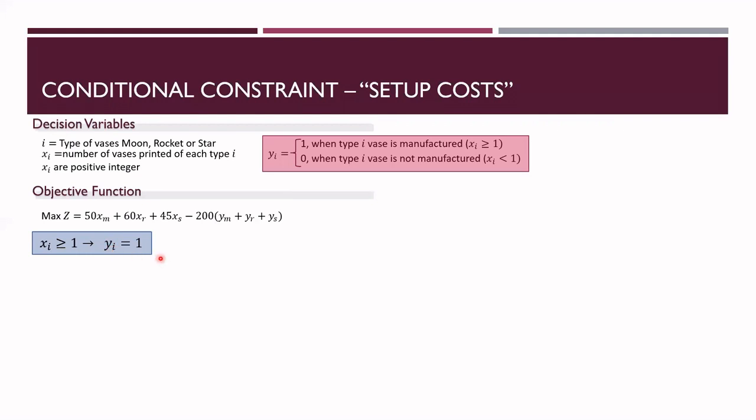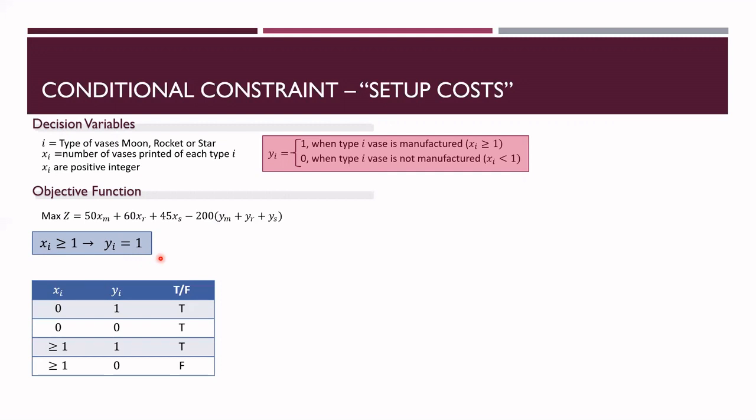And that's what I need. Let's see all the possibilities of xy and yi. The possibilities are xy being 0, or xy being greater or equal than 1, and for yi, it's just 1 or 0.